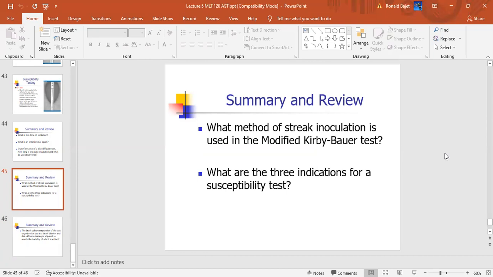Anybody? Matt? Yeah, it's called matte streaking. I don't like to use that term. You either streak for isolation, where you get individual colonies, or you streak for growth. So you're actually streaking for growth.